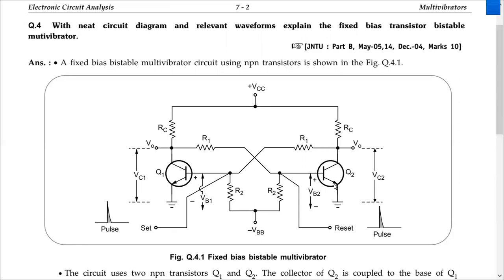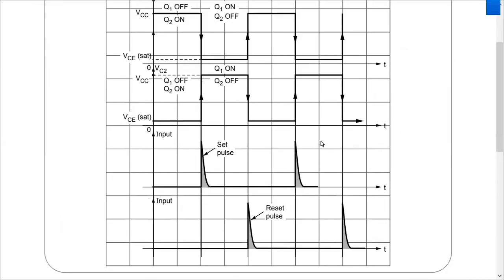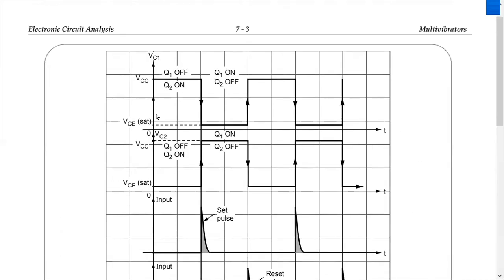Because of that, we will have one voltage high, the other voltage low. Initially, for the case we have discussed, VC1 will be high, VC2 will be low. This is absolutely random.